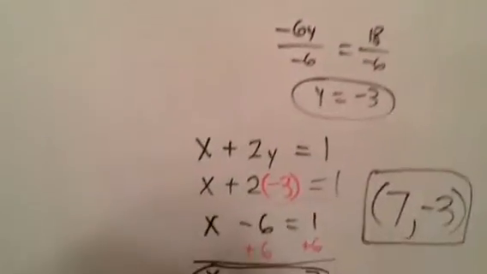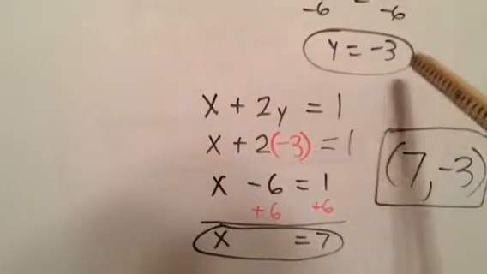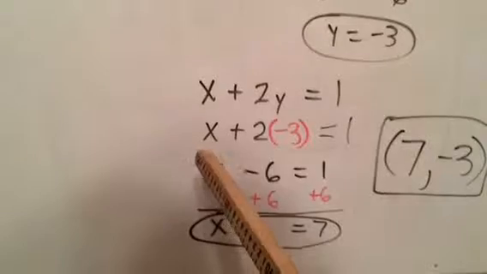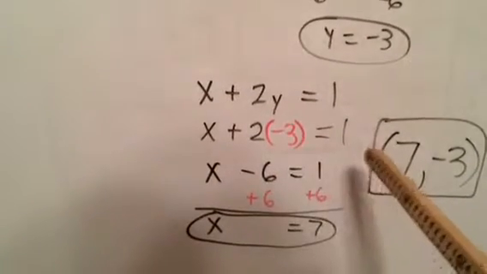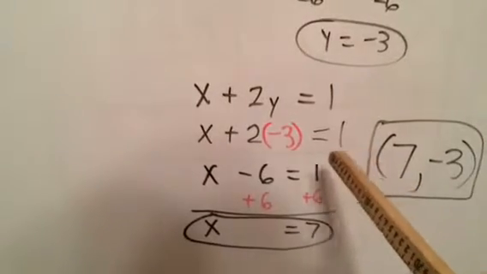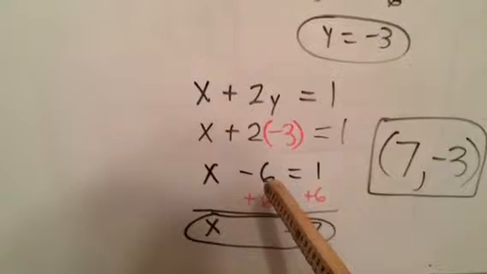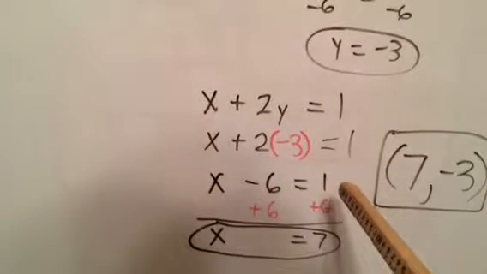And so I have taken the x plus 2y equals 1 equation, and I am going to replace y with negative 3. That now makes this equation x plus 2 times negative 3 is equal to 1. If I solve this equation, 2 times negative 3 is negative 6, giving us x minus 6 is equal to 1.